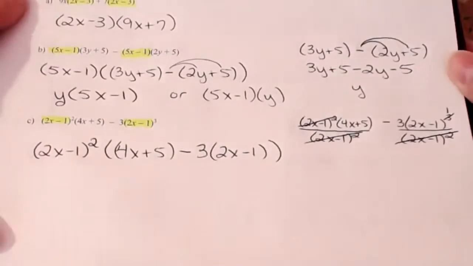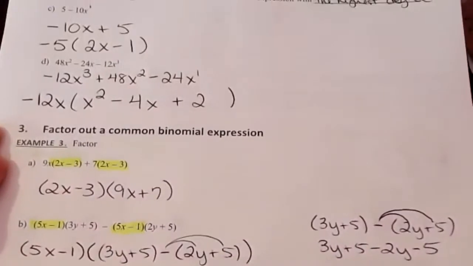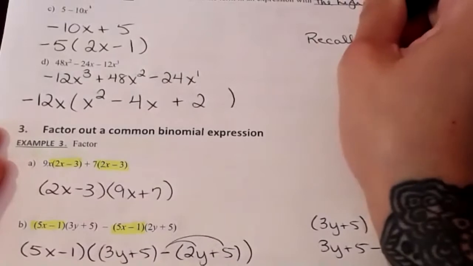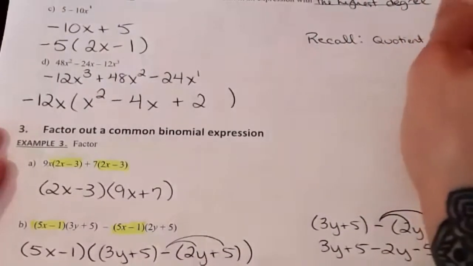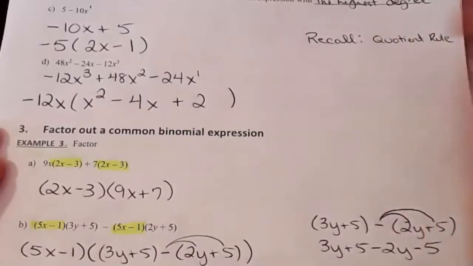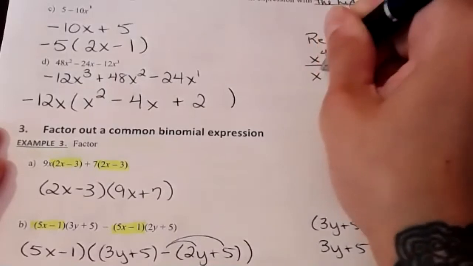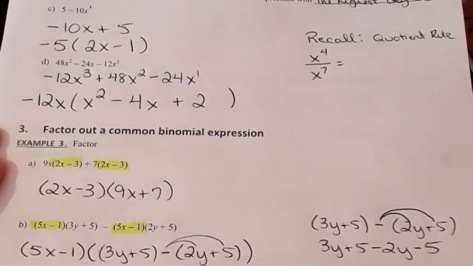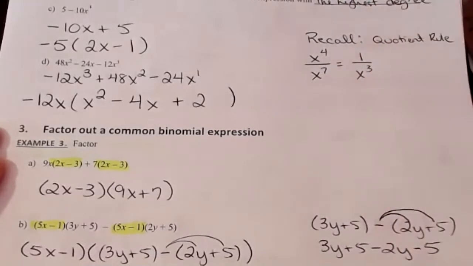So I'm just going to scoot this paper down for a second. And I'm going to put a note here for you. Recall, quotient rule. If you have x to the 4th over x to the 7th, you have to subtract the powers and leave it where it's heaviest. So this actually reduces to 1 over x to the 3rd.